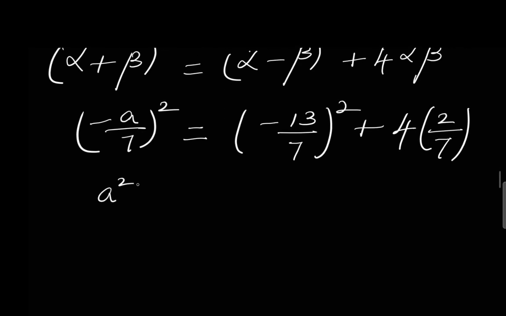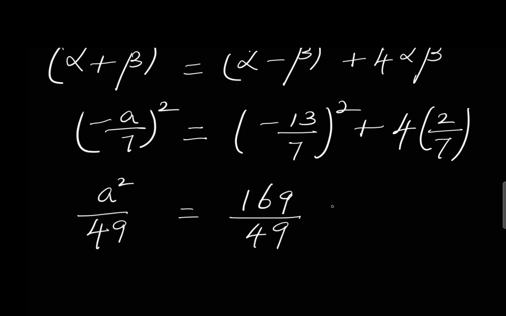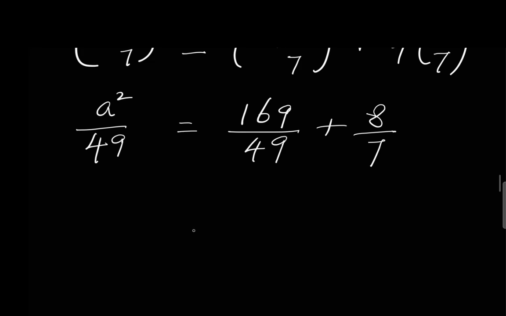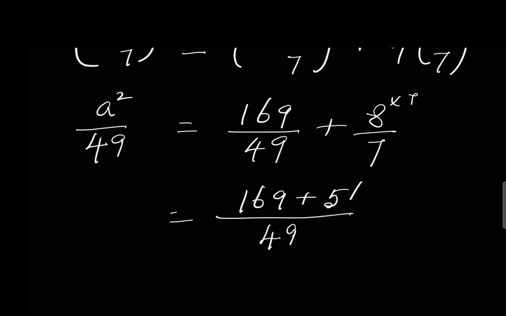So a squared by 49 is 13 squared, minus is plus, 169 by 49 plus 4 2s are 8 by 7. So you take LCM for these two numbers, 49 and 7. So 49 is a multiple of 7, so higher term is 49. It goes one time, so 169, plus 7 goes 7 times, so 8 7s are 56.